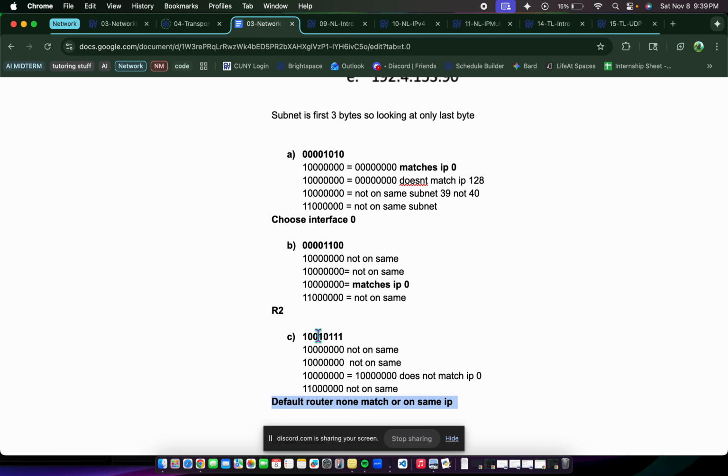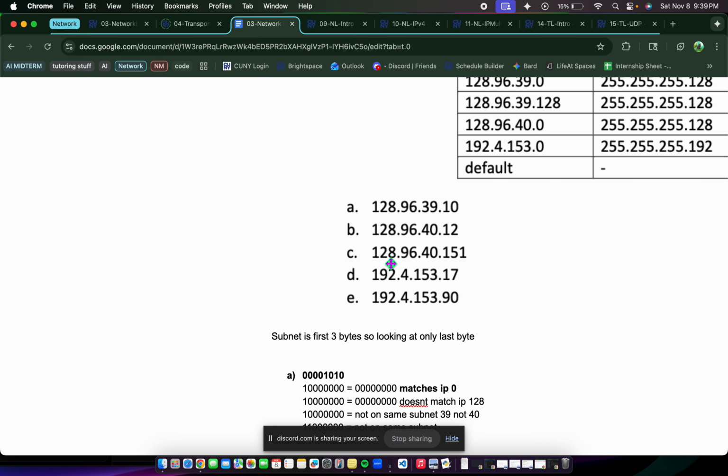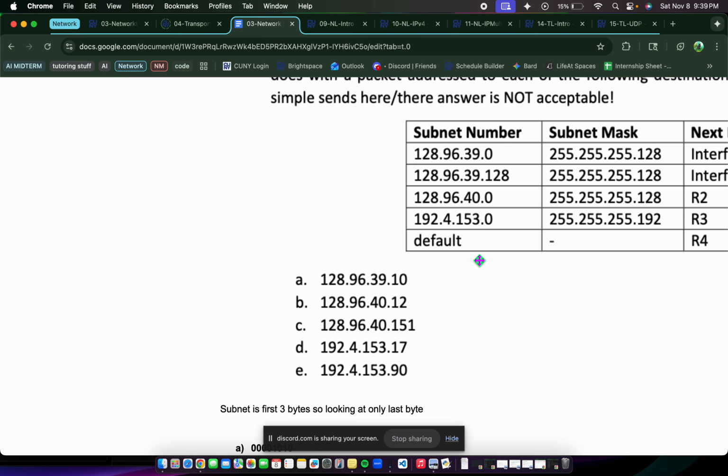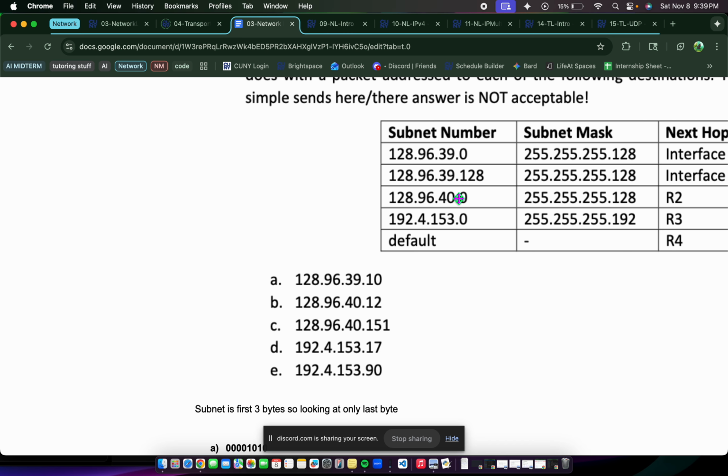So, like for this one over here, C is 128, 96, 40, 151. Okay, well, I know it's on the subnet, right? The only subnet that would work for it would be this third one, by the way, because this is the only one that matches the 3 bytes as shown by the subnet mask.